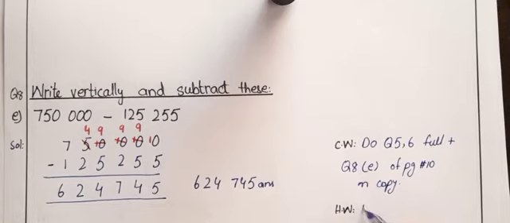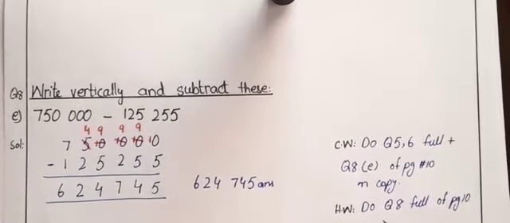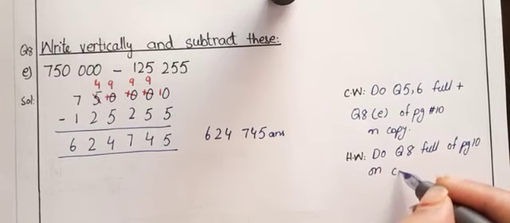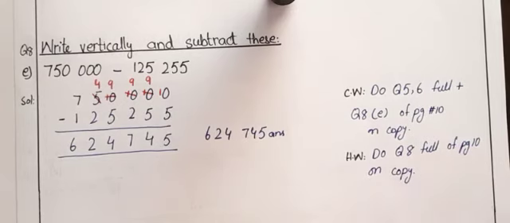And your homework is do question number 8 full of page number 10 on copy. Okay. So boys, if you have any difficulty in any sum that we have done today, you can ask me in the comments below.